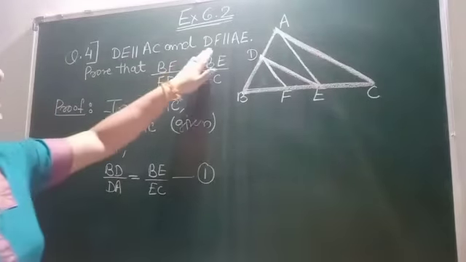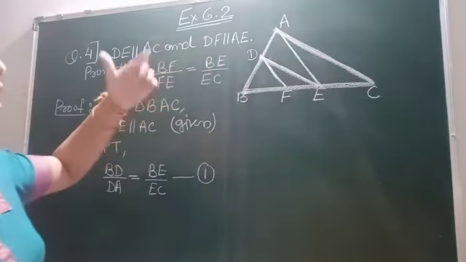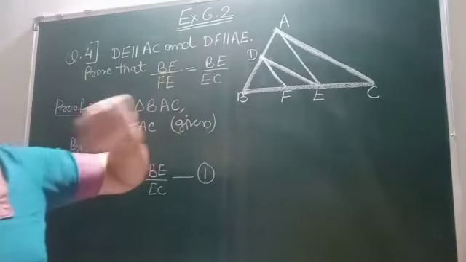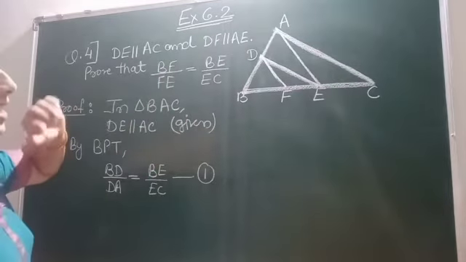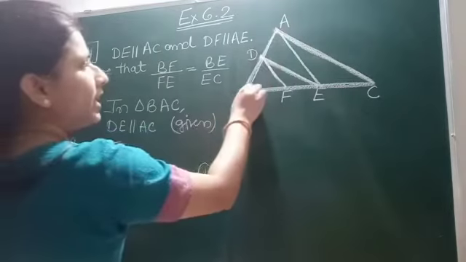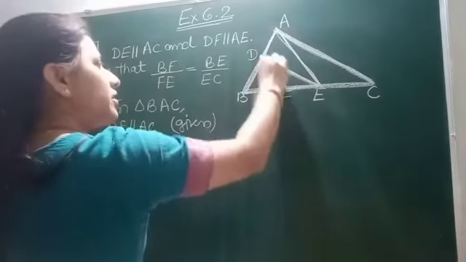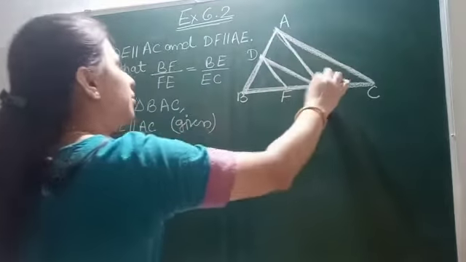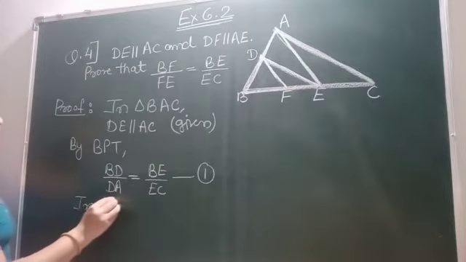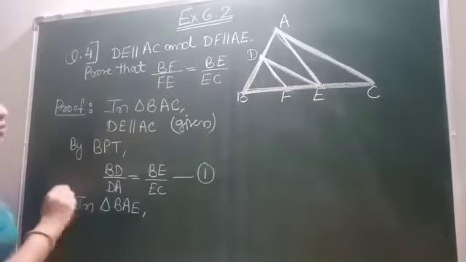Now what is given? That DF is parallel to AE. So now we will take a triangle in which DF is parallel to AE. So again, which triangle we will take, student? We will take this triangle BAE, in which this DF is parallel to AE. So in triangle BAE, what is given?